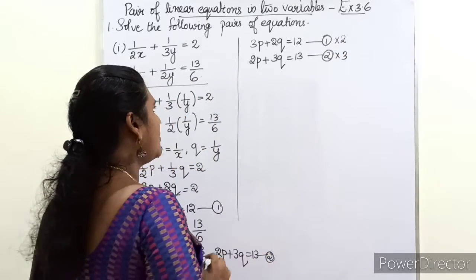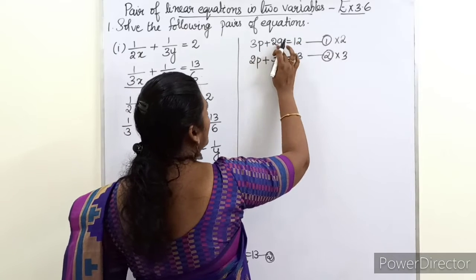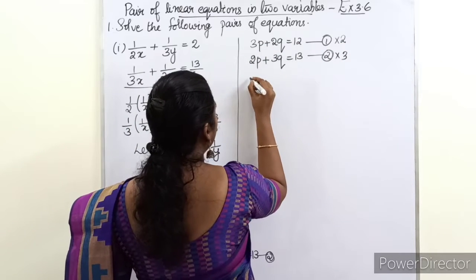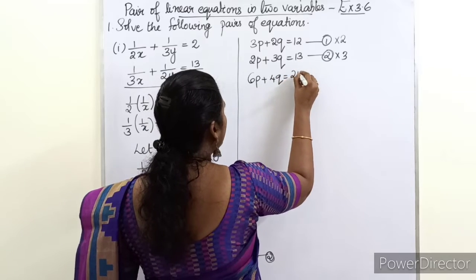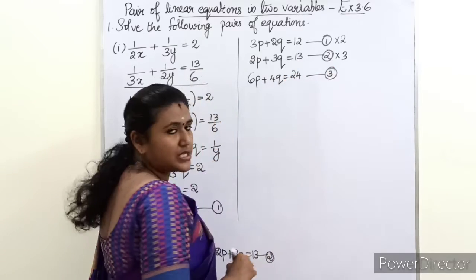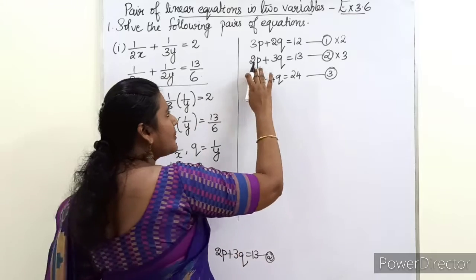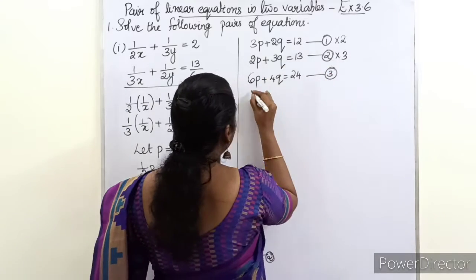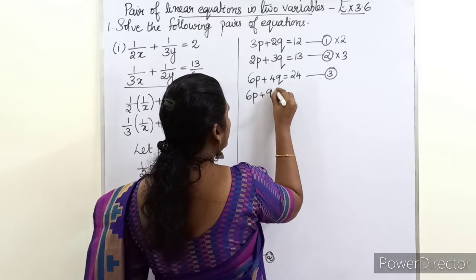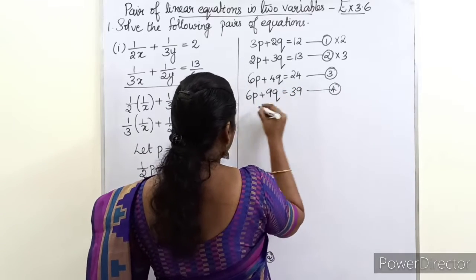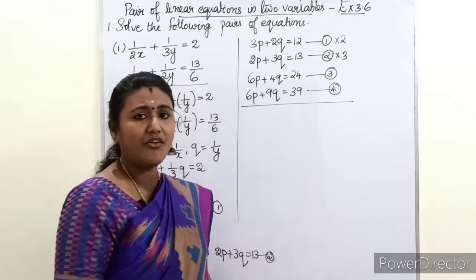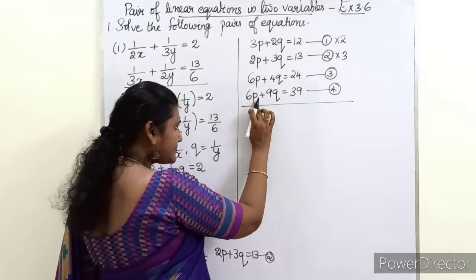The first equation multiplied by 2 gives 6p plus 4q is equal to 24. This is the third equation. And the second equation multiplied by 3 gives 6p plus 9q is equal to 39. This is the fourth equation. So we got the coefficient of p equal here.